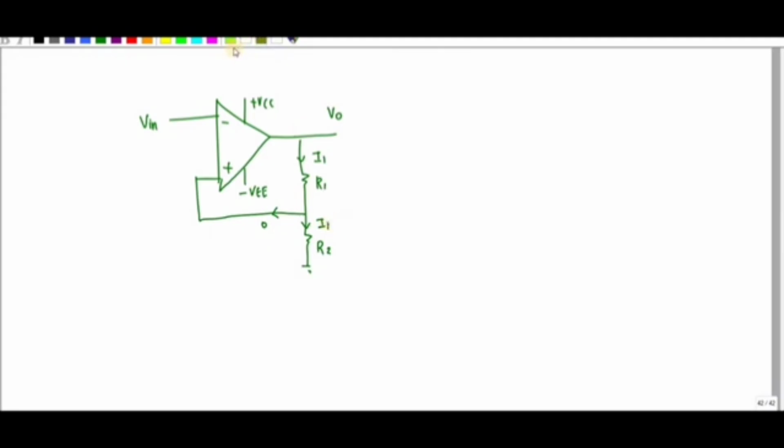Let me assume this point is VR2. What is the value of VR2? VR2 is equal to V0 into R2 divided by R2 plus R1.